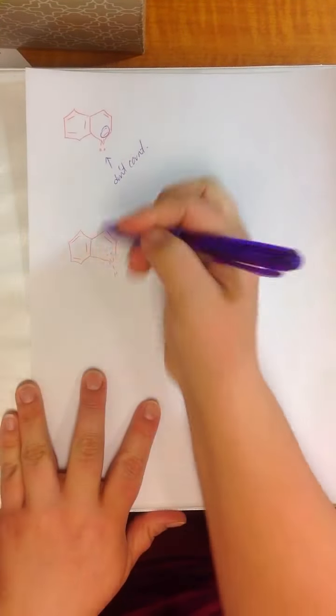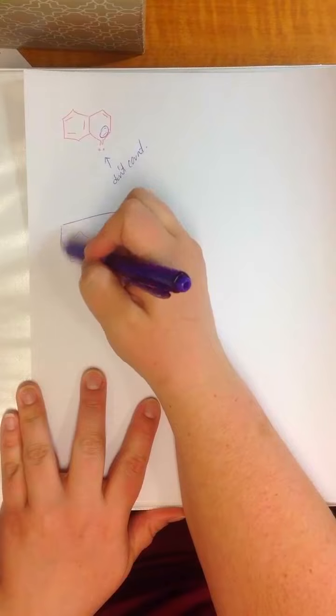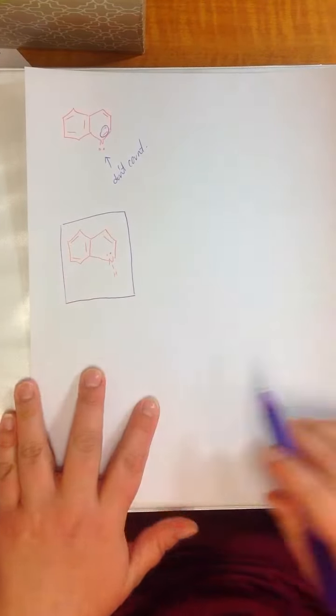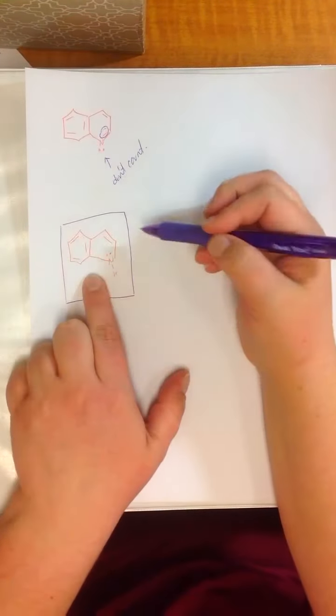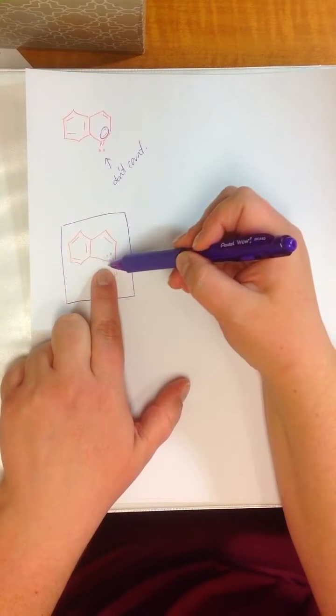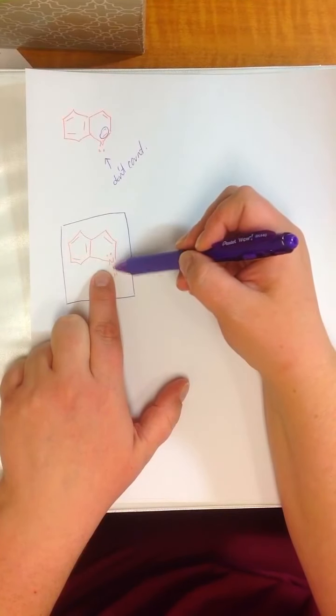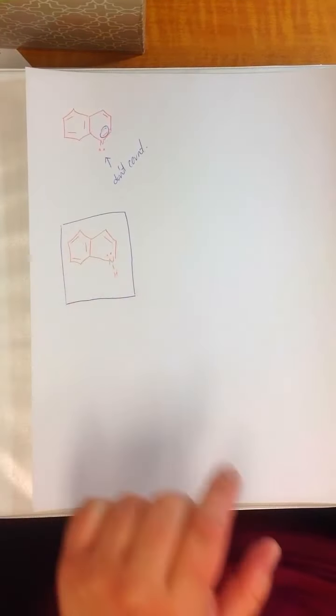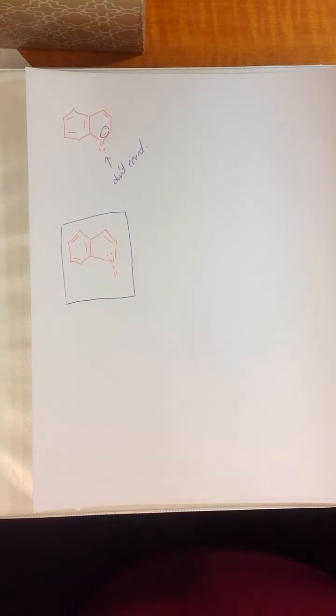Now this situation is actually quite different. In this case, we have a nitrogen that has 1, 2, 3 bonds. So I'm going to change the model here.